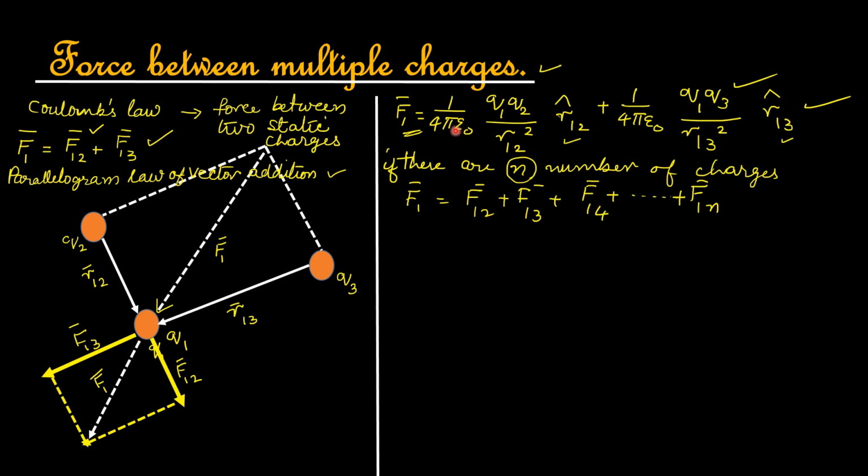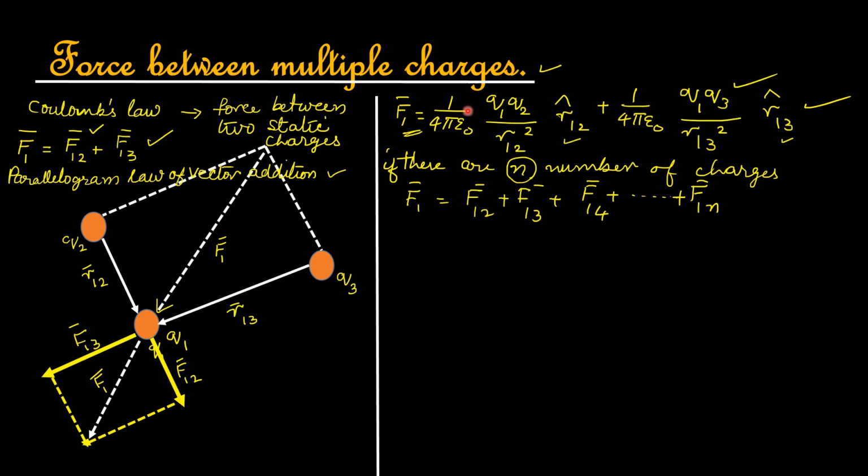Let us consider this equation once again. We have considered F12 and F13. 1 by 4 pi epsilon naught into Q1 is common in both these two cases. So when we consider n number of charges, there also 1 by 4 pi epsilon naught into Q1 will be common for all the n number of charges.